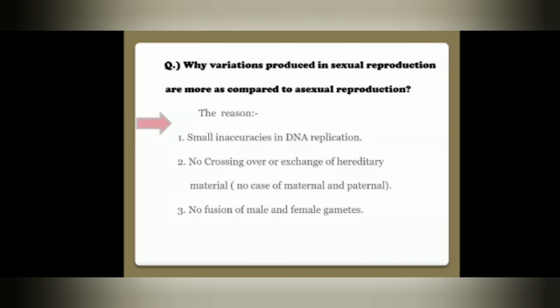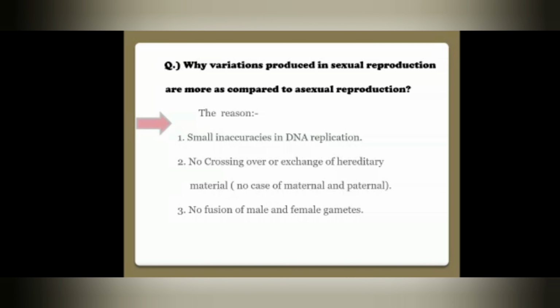The reasons are small inaccuracies in DNA replication. In asexual reproduction, the main reason for variation is this only, as there is a single parental case. In sexual reproduction, we need both the parents, and in asexual reproduction, a single parent can give rise to the whole organism.